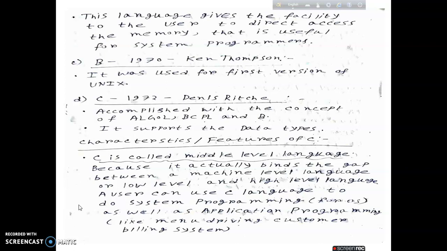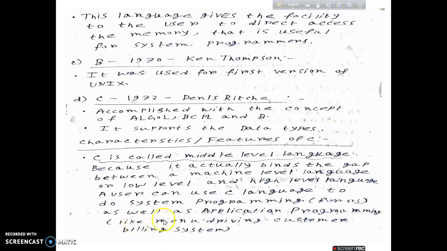That is a facility of the low level language, because in a low level language we deal with mnemonics, meaning assembly level language, machine level language, binary, and we can easily communicate with the machine, while high level languages are user friendly.